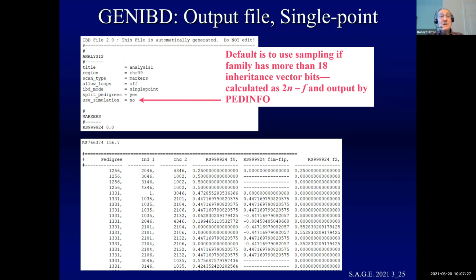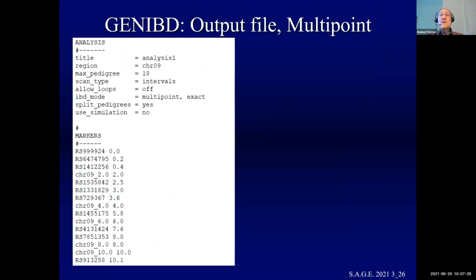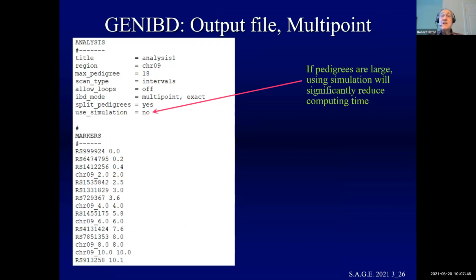Okay, now we'll go to the next one, and it tells you, first of all, what you're analyzing. And as I said, if the pedigrees are large, using simulation will significantly reduce the computing time. It wasn't done here, but typically you would do it.